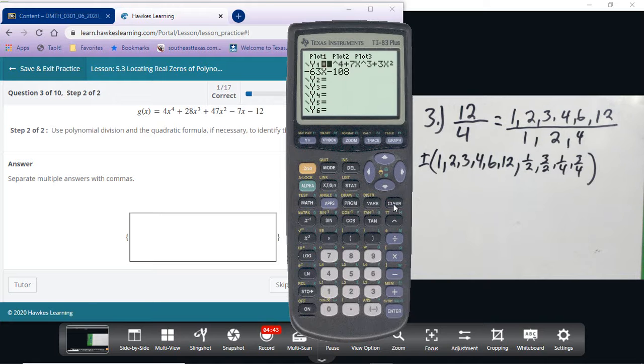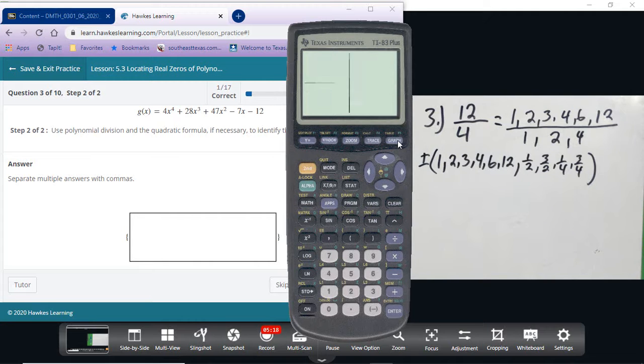So go to y equal, clear out what you have. I'm going to type in this equation. 4x raised to the 4th, and then plus 28x raised to the third, and then plus 47x squared, and then minus 7x, and then minus 12.